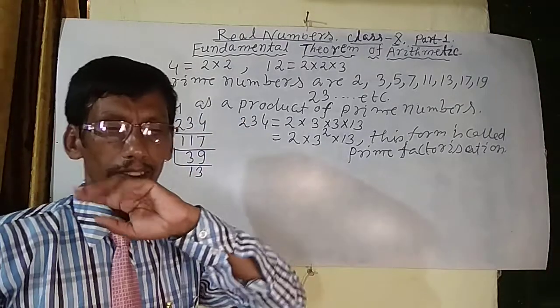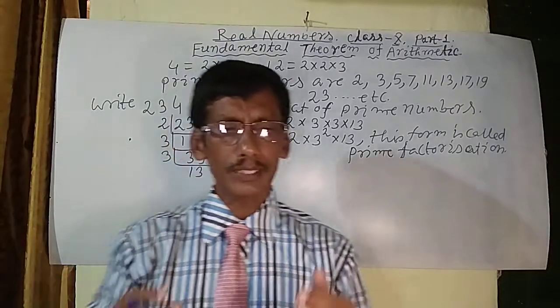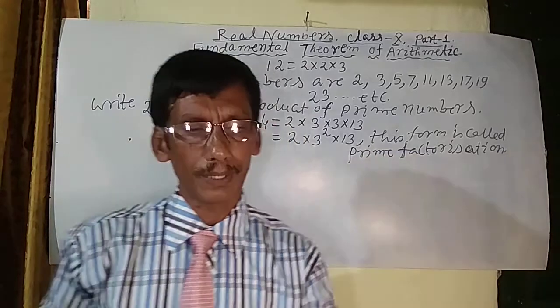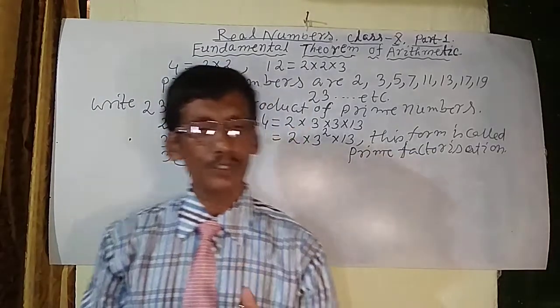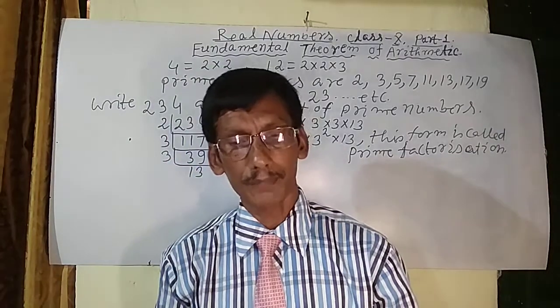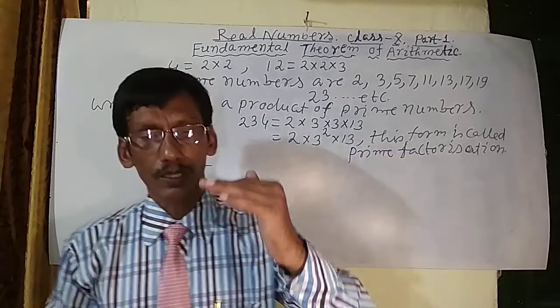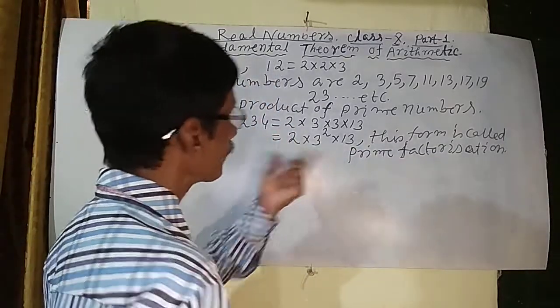Okay, let's come to the use, where you can take decisions according to the fundamental theorem of arithmetic. Every composite number can be written as a product of primes. This factorization is unique. Okay, what does unique mean?